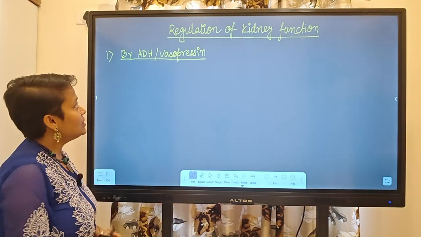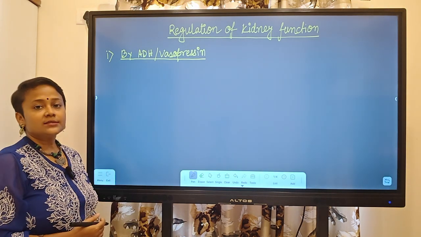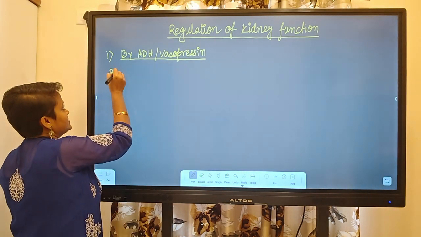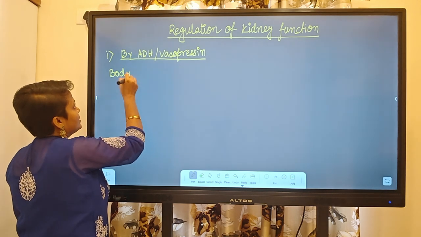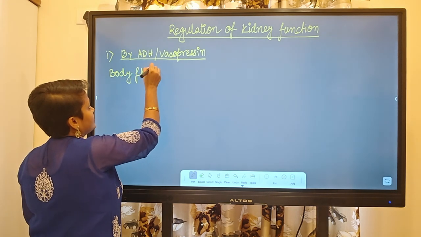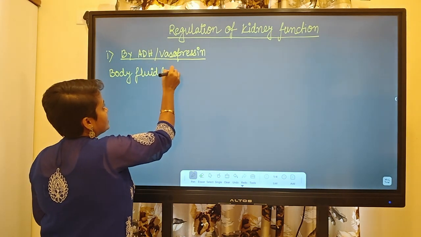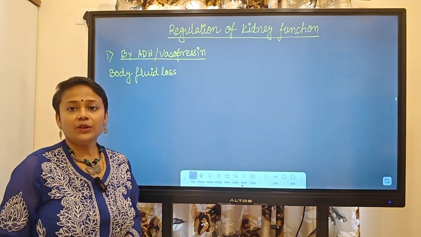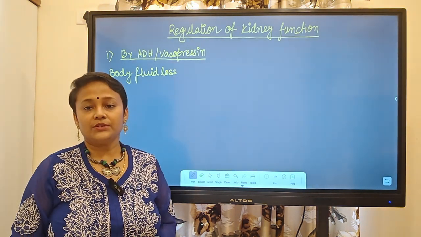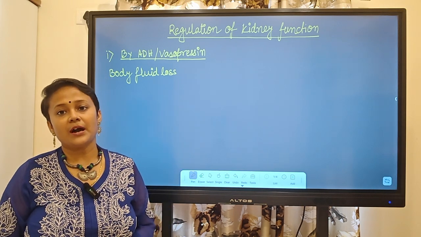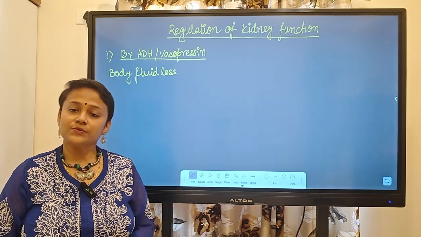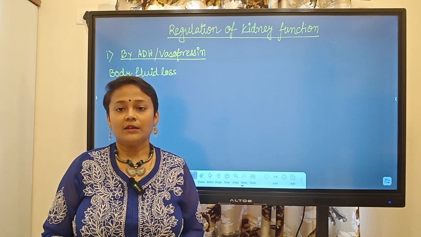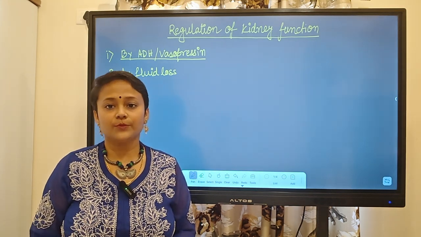Okay. So first, body fluid loss. This body fluid loss can stimulate the osmoreceptors, which are present in different parts of our body. Osmoreceptors are the receptors which can sense the change of osmolarity.